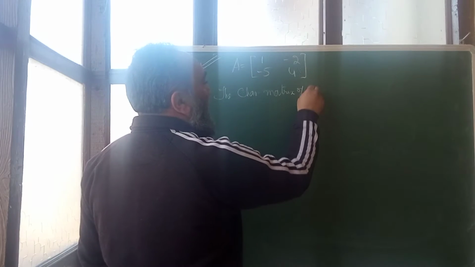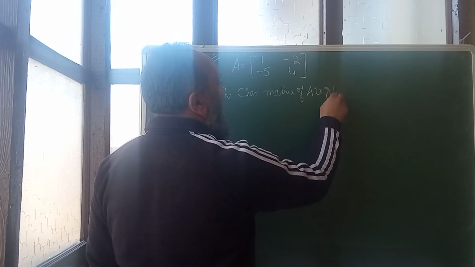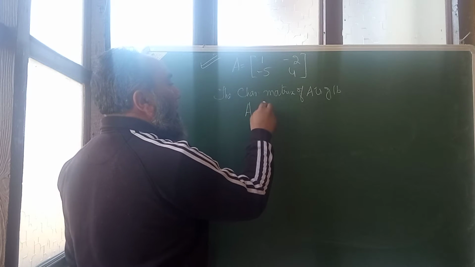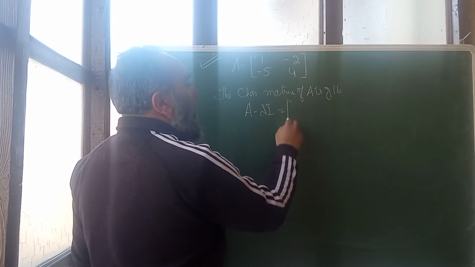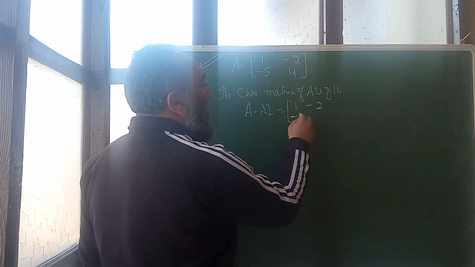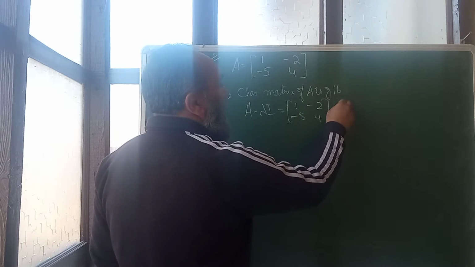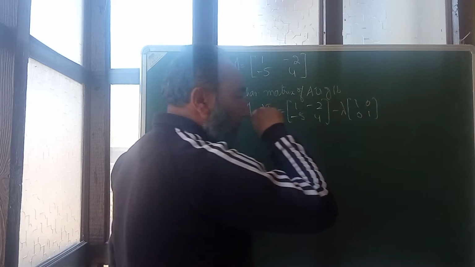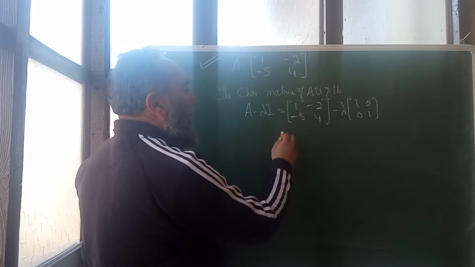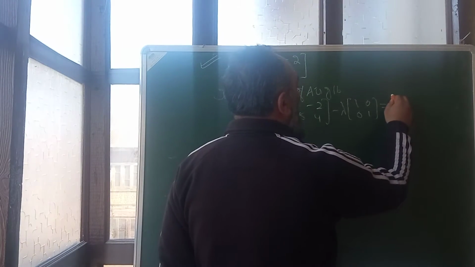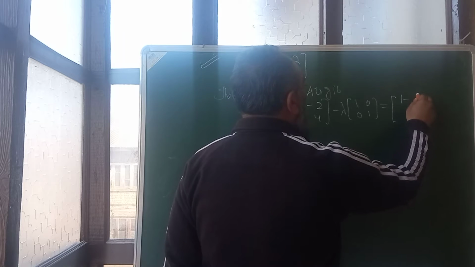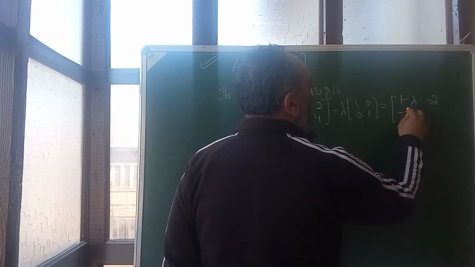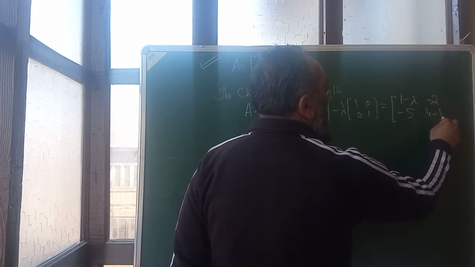The characteristic matrix of A is given by A minus lambda I, which is 1 minus 2 minus 5 4 minus lambda I, 1 0 0 1, or 1 minus lambda minus 2 minus 5 4 minus lambda.